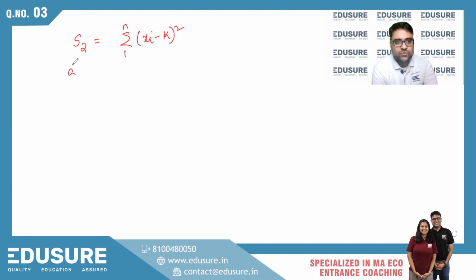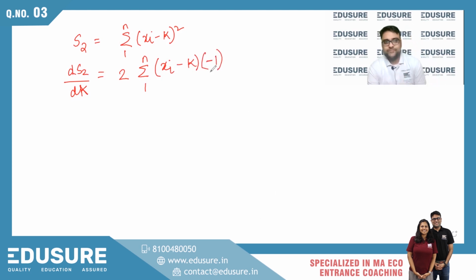So dS2 by dk is equal to, if I differentiate with respect to k, then what comes? 2 summation 1 to n xi minus k into minus 1, this will come. Okay, this will come. This is equal to 0.